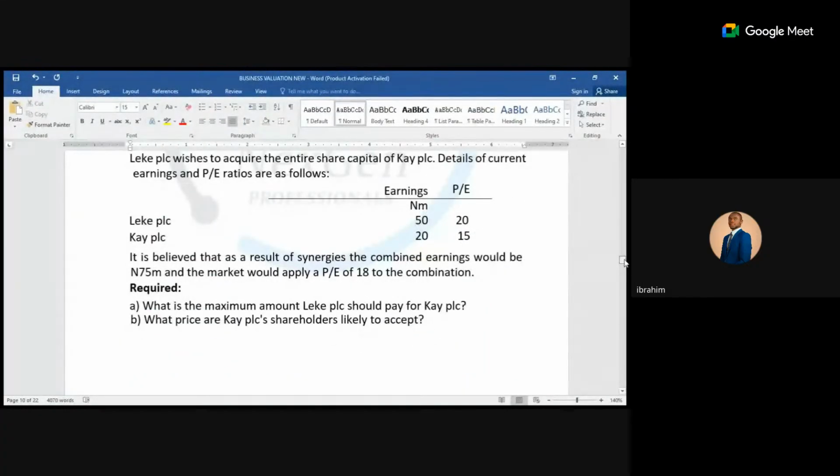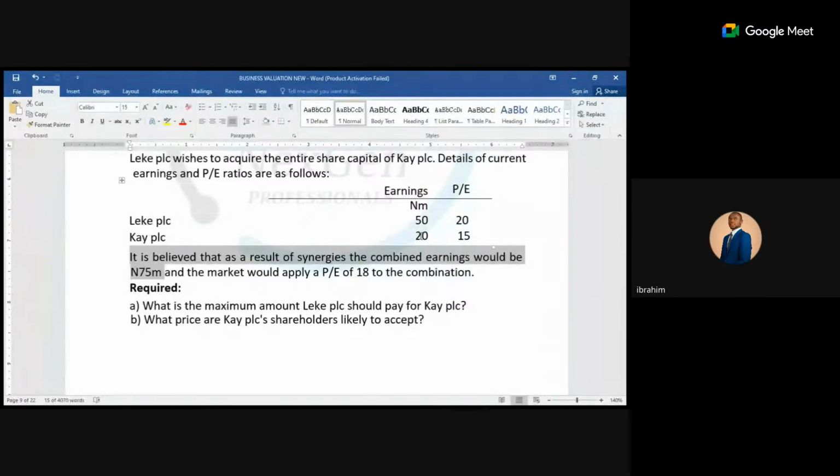In advanced level, this 75 million of the combined company will not be given to you. Then the examiner will ask you to use free cash flow, but that is another alternative.